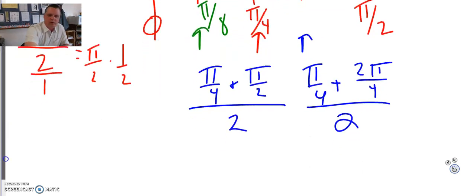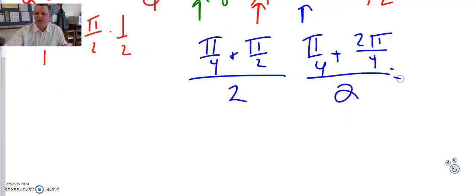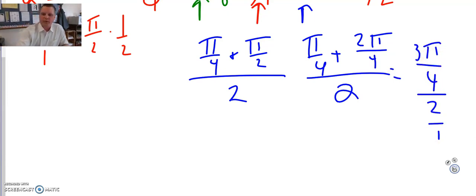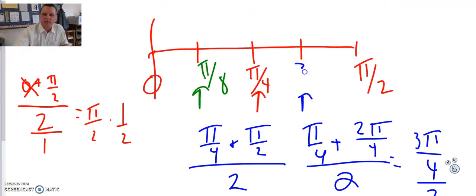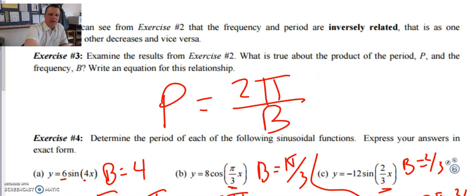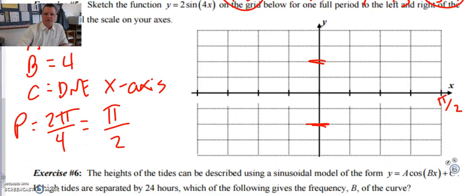Okay, all over 2. So then this numerator becomes 3 pi over 4 all over 2 over 1. So you have 3 pi over 4 times 1/2, which is 3 pi over 8. Okay, so those are the way you fill those in. We'll definitely work more on that because that is very, very important when we go into graphing these.